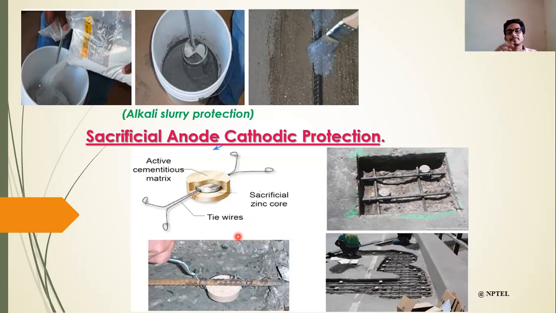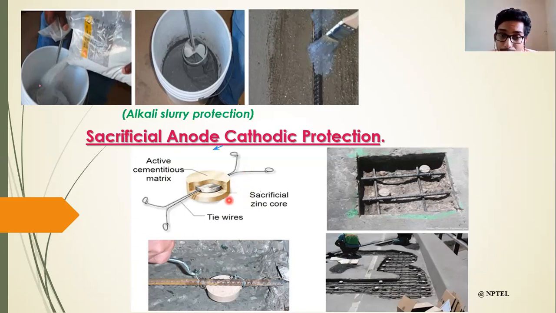Instead, we can make anodes which have a very large area of zinc. So there are n number of shapes available in the market that we can use as an anode for the CP method, or cathodic protection method.